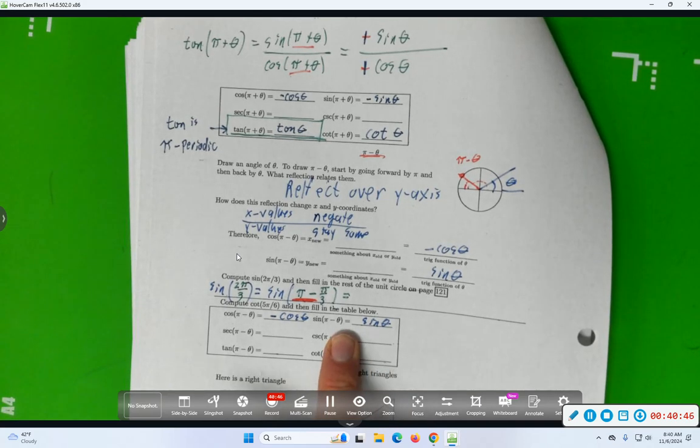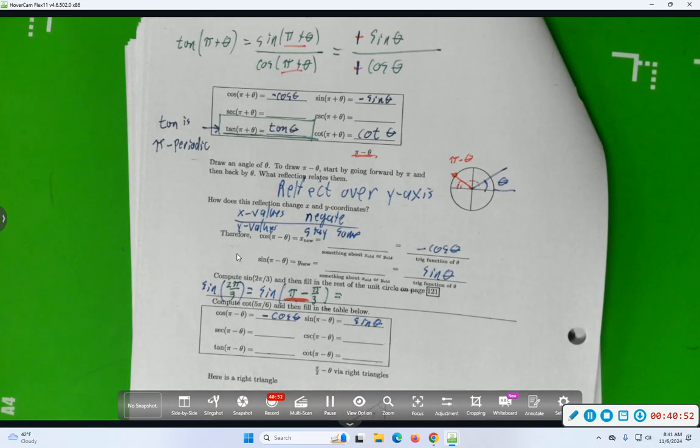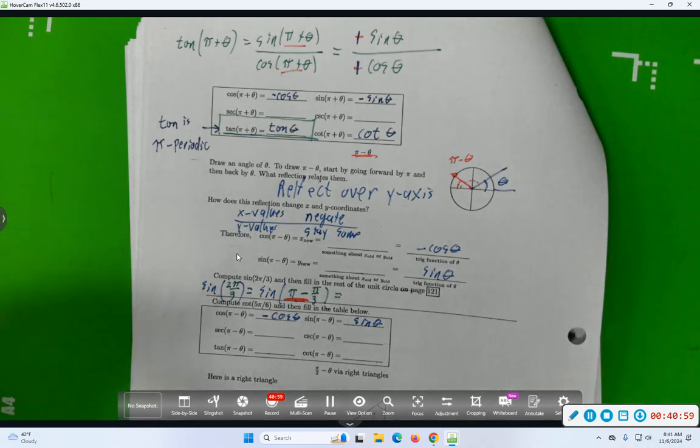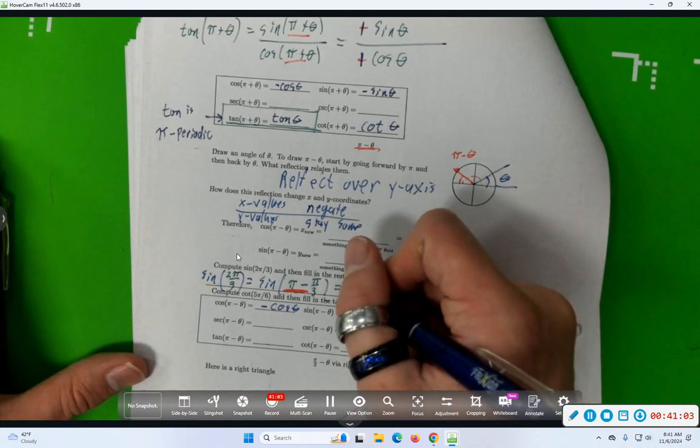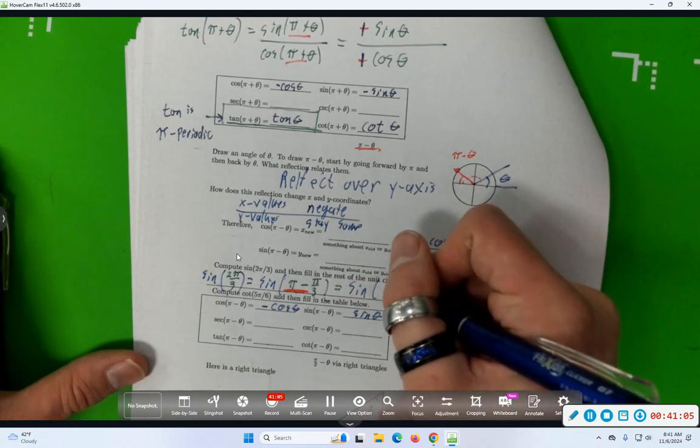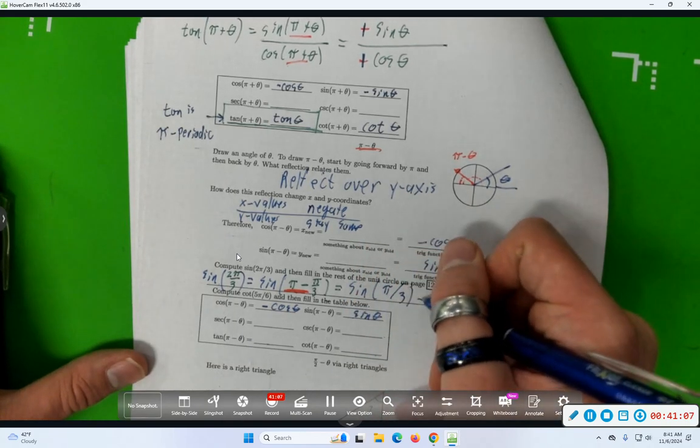Sine of pi minus an angle is equal to just sine of that angle. So in sine, if you see a pi minus an angle inside of a sine, you can ignore the pi minus. So this is just the same as sine of pi over 3.